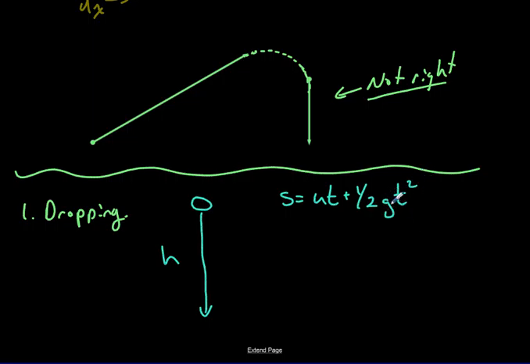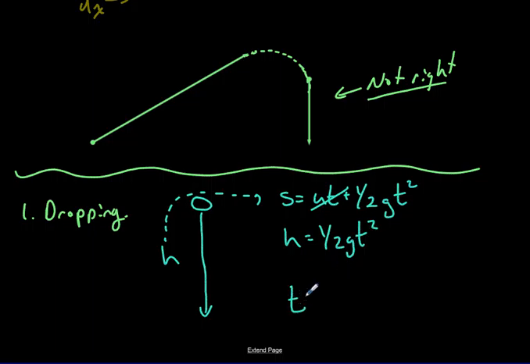The acceleration in this formula is the acceleration due to gravity. The initial velocity for a dropped object is 0, so u times t will cross out. If I want to figure out the time it's going to take to get to the ground, the distance is actually the height, so we'll just rewrite it as h = 1/2 g t squared.